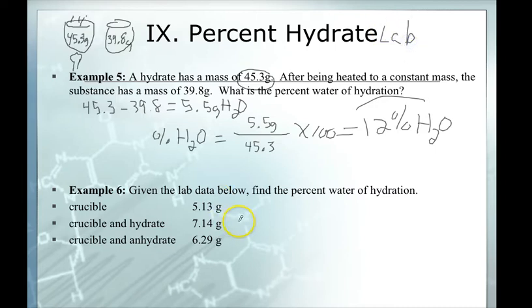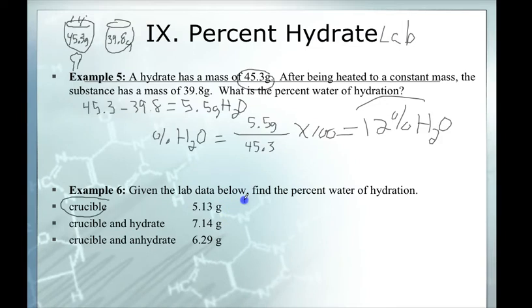Now if you look at the one at the bottom, it's slightly different and a little bit more confusing. Why? Because they're giving you the mass of the crucible that you're heating it in. You don't really need that, right? So this is the crucible and the hydrate. This is the anhydrate. You don't really need to subtract the crucible mass. So we need to find out what the mass of the hydrate is.